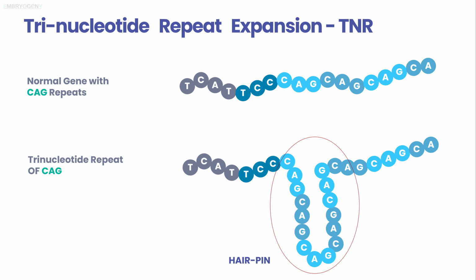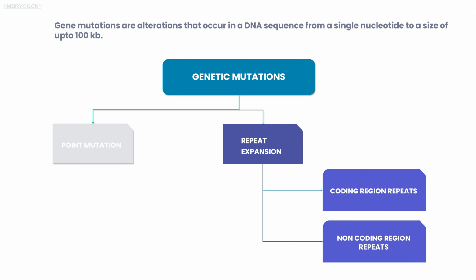In a trinucleotide repeat expansion mutation, the number of trinucleotide repeats increases in copy number until they cross a threshold value, above which the gene becomes unstable. Repeat expansion at times causes formation of a hairpin structure, which makes the mRNA molecule unstable. The expansions could be present in either the coding region of the gene or in the non-coding region of the gene.